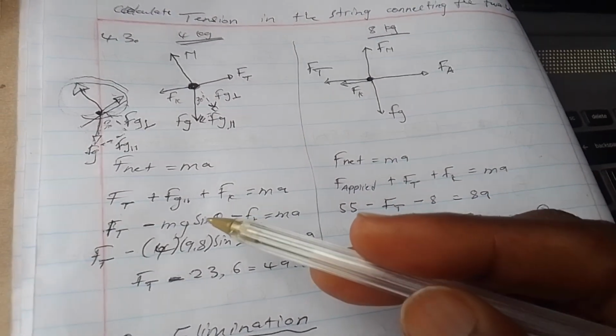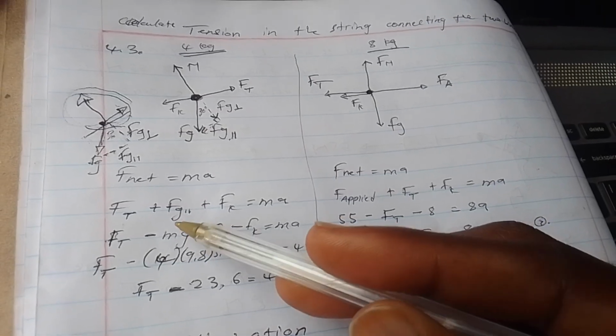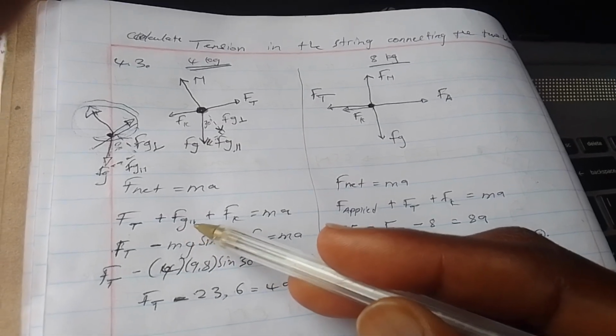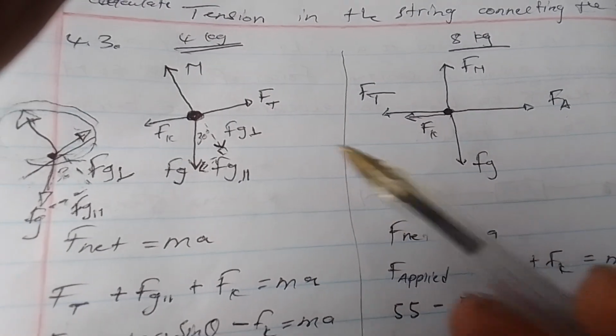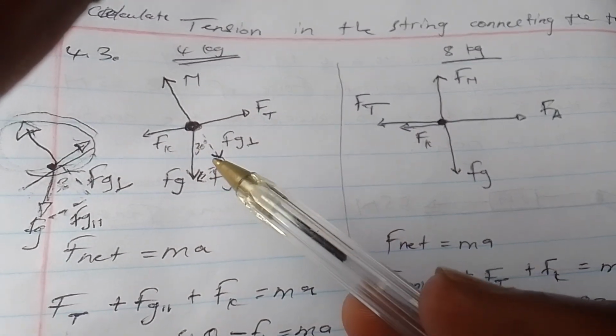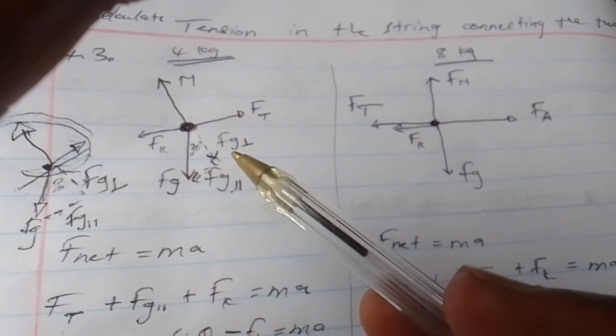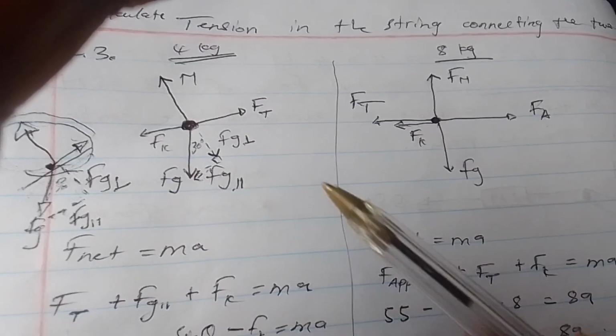FG parallel, okay, I get it. You see our angle is placed on top, and our 90 degrees is here at the corner where our FG parallel and FG perpendicular merge.